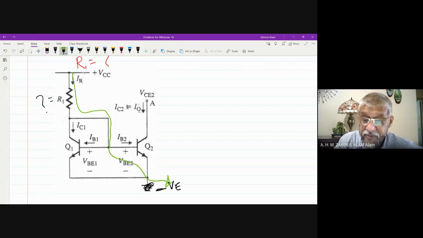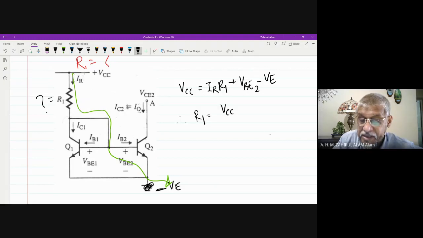If we apply KVL, then I can write VCC equal to IR times R1 plus VBE2 minus VE. So therefore, R1 is equal to VCC plus VE power supply minus VBE2, divided by IR.